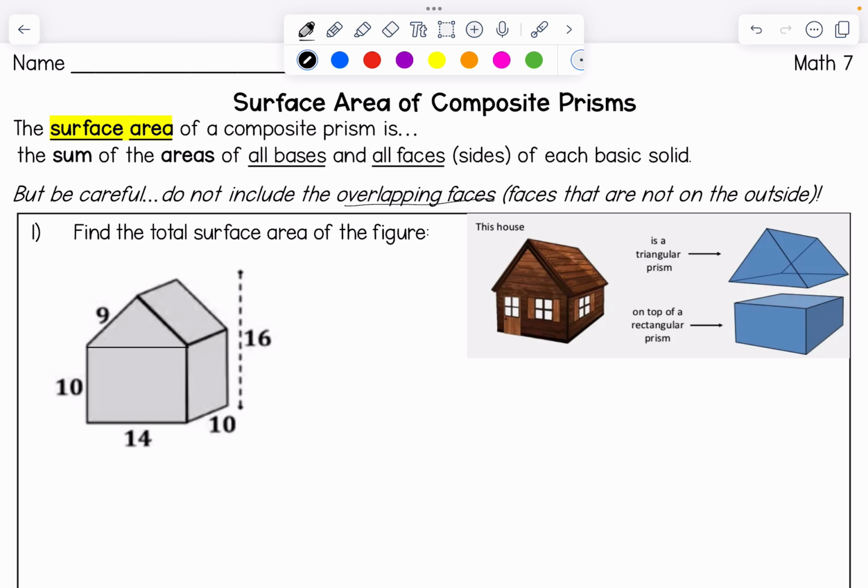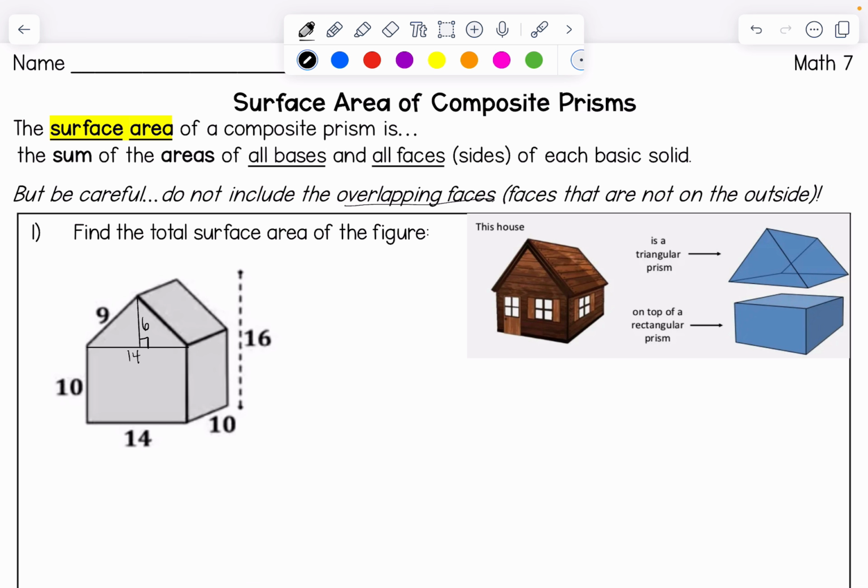So the distance of that line that I just drew would be 14. Here we also know that from the bottom to the very top is 16. But if I just care about the part of the triangle, then that would be 6.